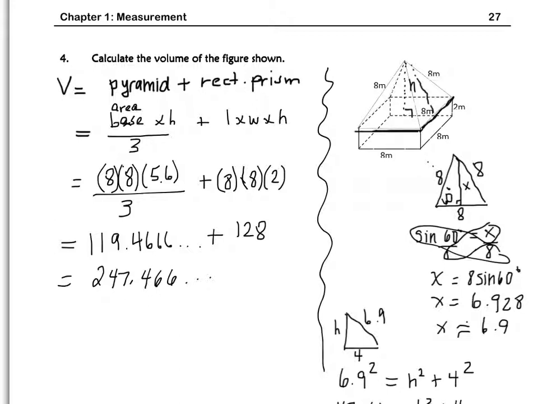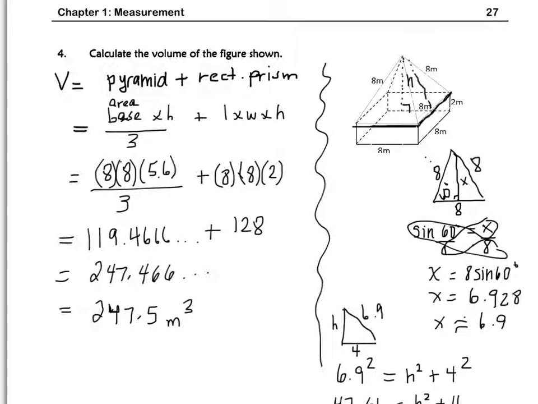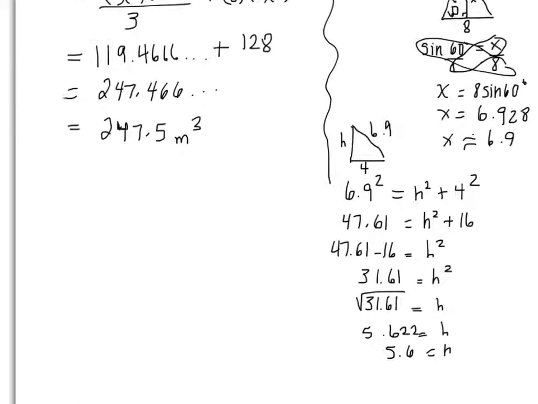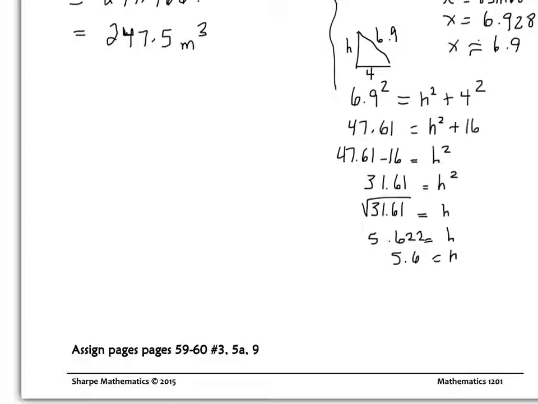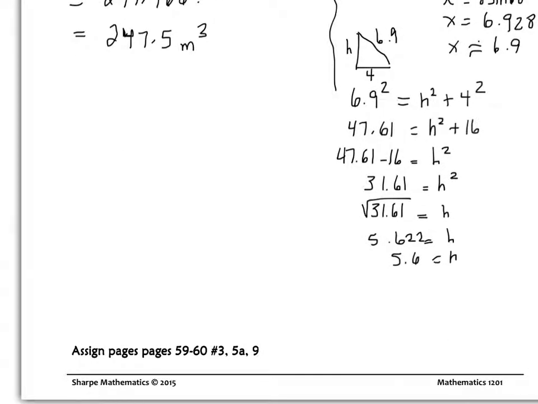So that would give you, approximately to the nearest tenth, 247.5 meters cubed. And that's it, I think, for that section. That one was a little bit harder, but there are some extra practice examples on pages 59 to 60 in your textbook that you can try.